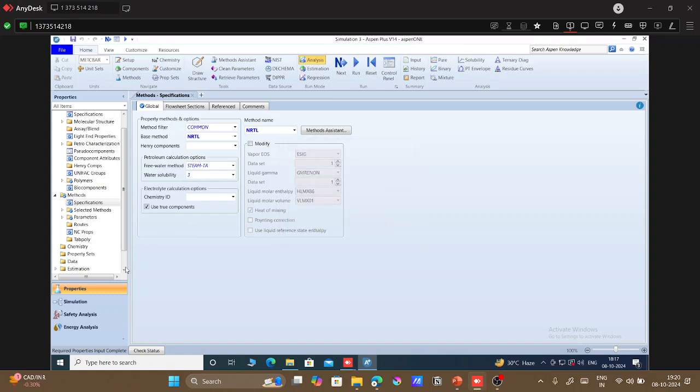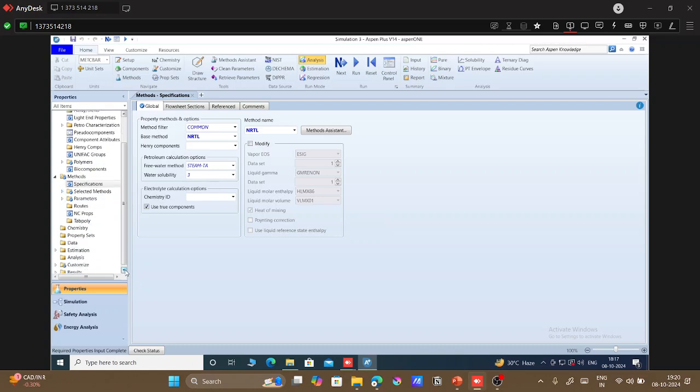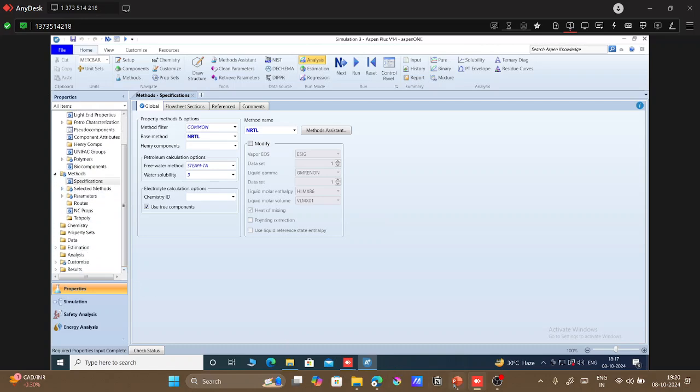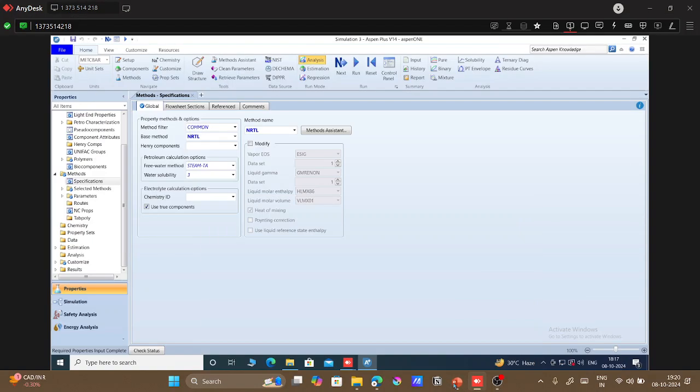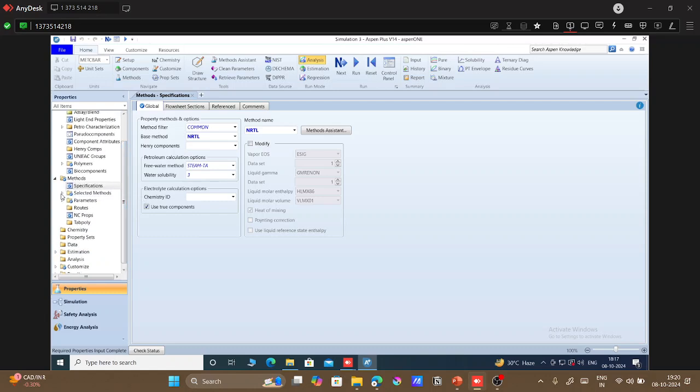We will also select the convergence method as Newton. For that we have to go to convergence, conv options, in the data browser. It should be here.